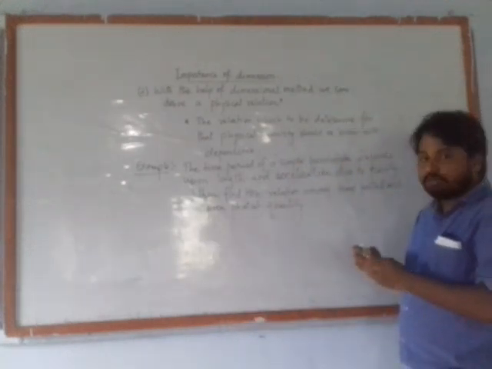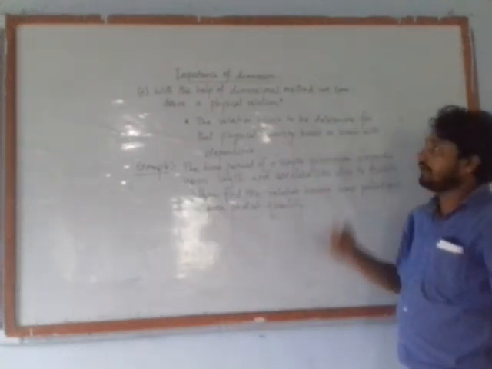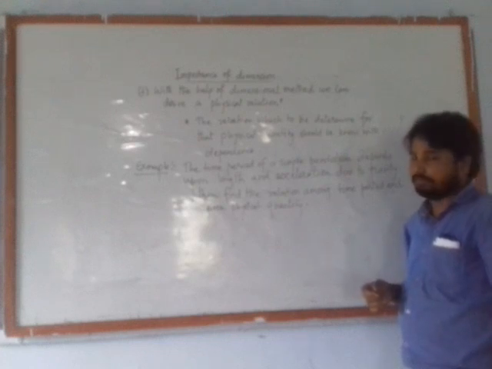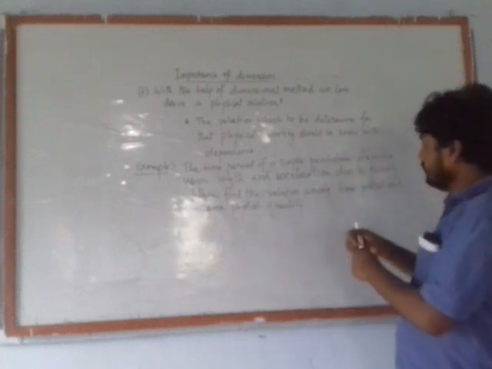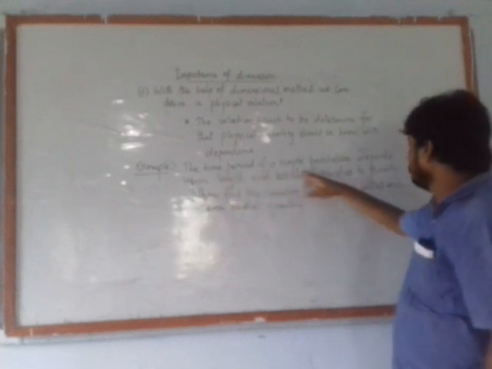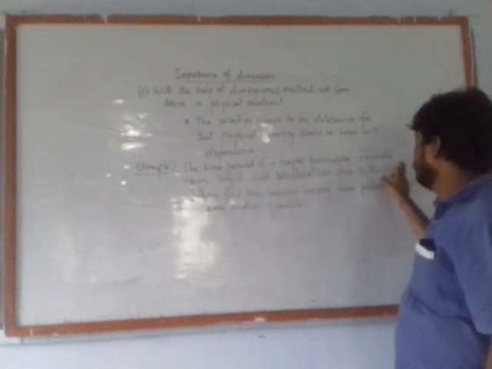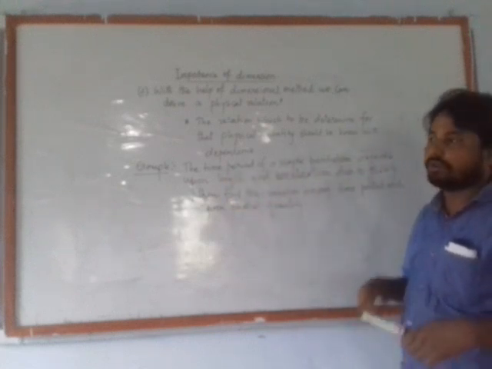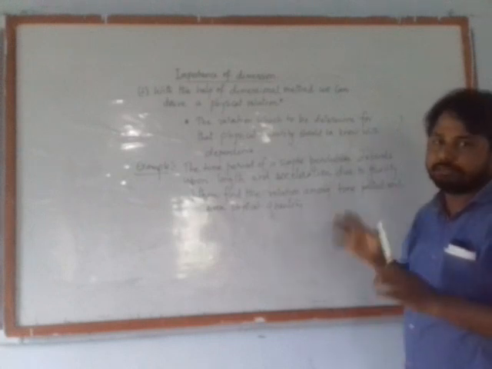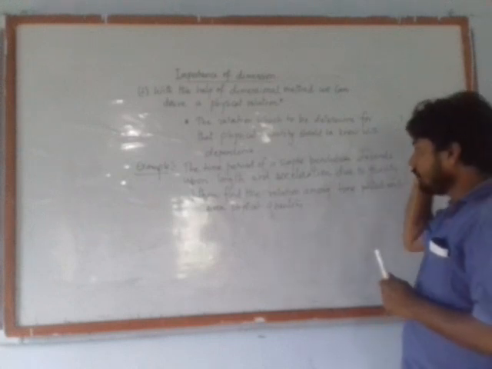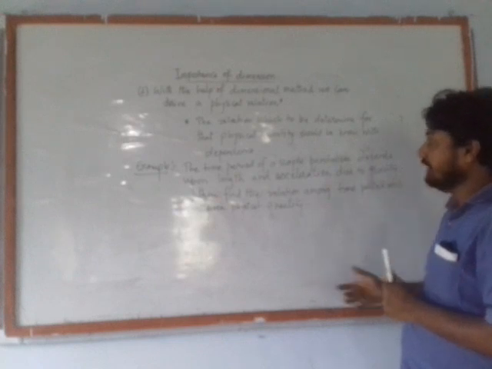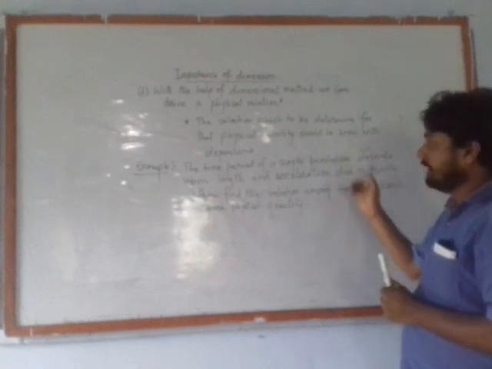Now by reading the question only you can understand the spirit of the second importance of dimension. If just a simple statement like this is given, whether they are directly depending or inversely depending is not given. So we may find the relation between all the given quantities.